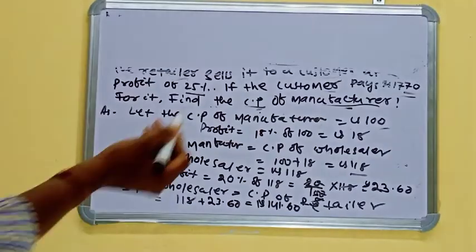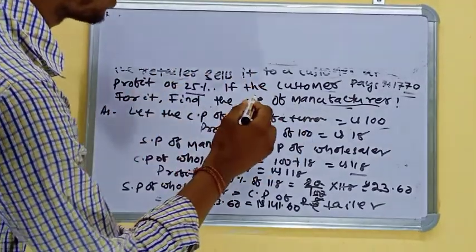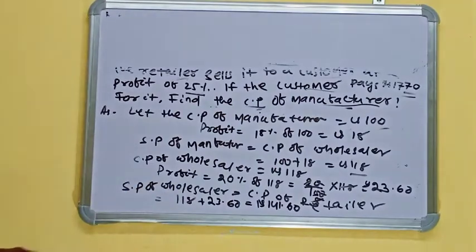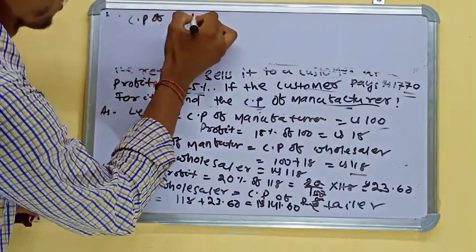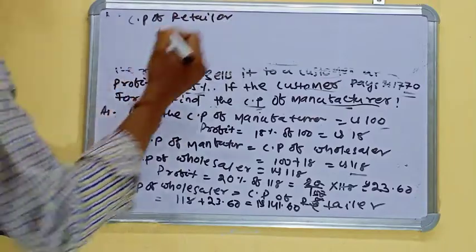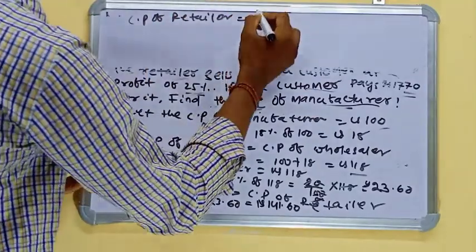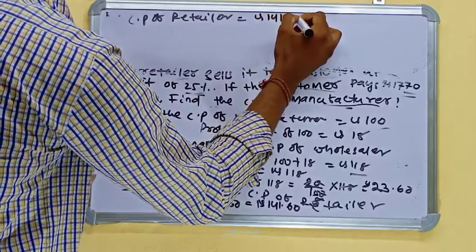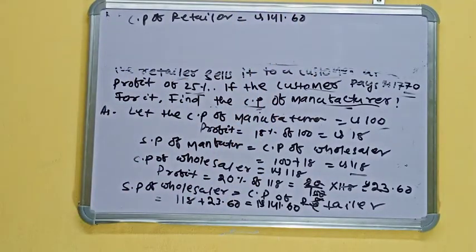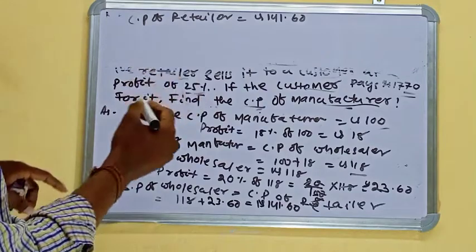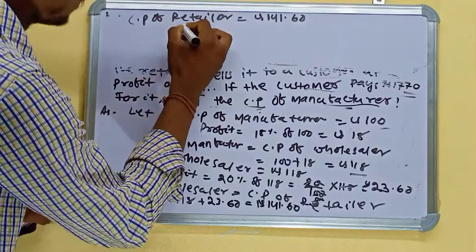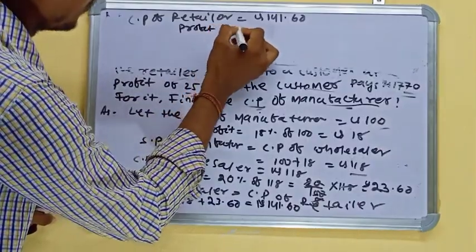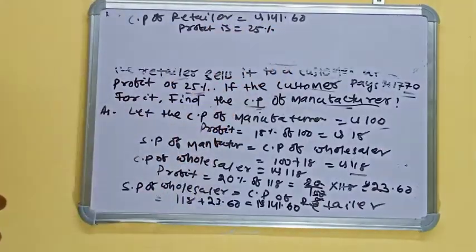Next, the retailer sold it to the customer at a profit of 25%. The CP of the retailer is equal to rupees 141.60, and the profit is 25%.